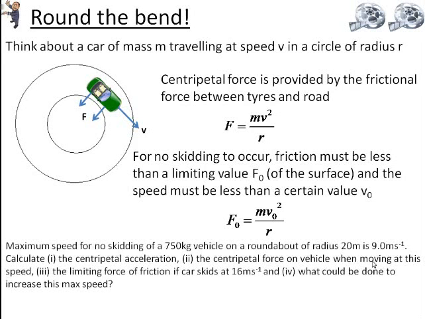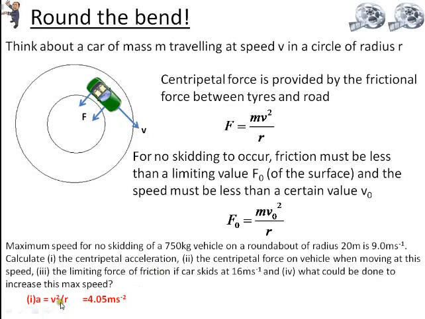So if we look at a question, the maximum speed for no skidding, so this is our V0, of a 750 kilogram vehicle on a roundabout of radius 20 metres is 9 metres per second. So this car can go 9 metres per second in a 20 metre radius without skidding. Let's do part one, calculate the centripetal acceleration.